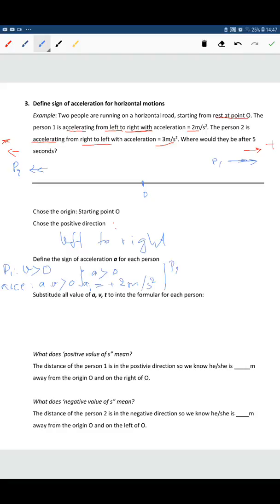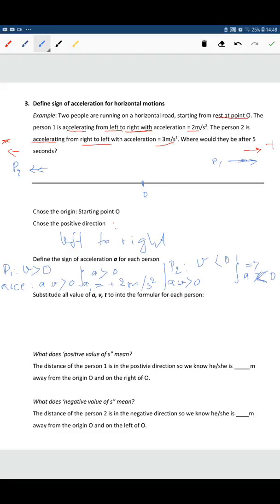So for person 2, look at the way he moves. He's moving from right to left, and right to left is the negative direction. Negative direction means v is negative. And he is accelerating too, so a times v has to be positive. That will give us that a has to be negative.